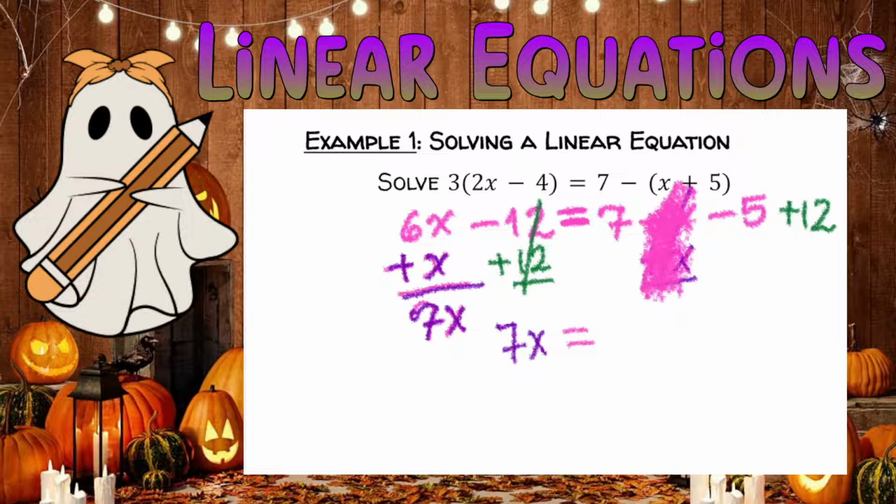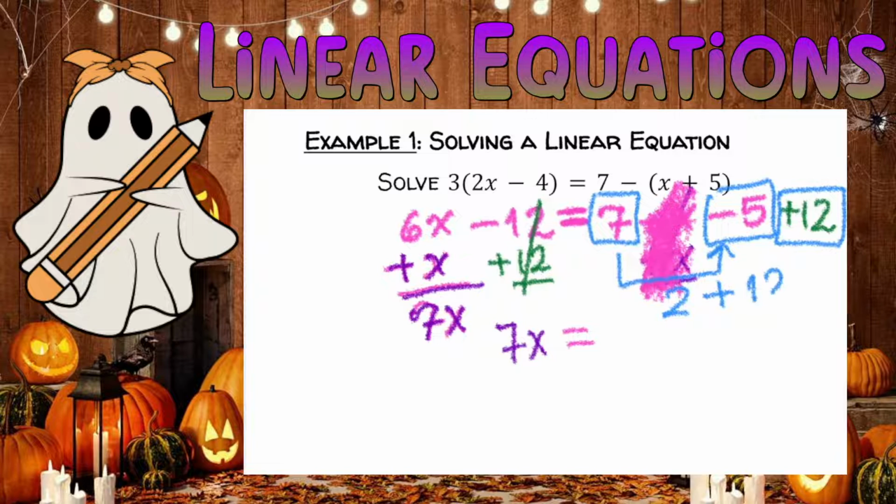So do not try to convince yourself that it's 7 minus negative 5, which would make it 7 plus 5. That's very silly. The only signs you deal with in this kind of step are: this is a positive 7, this is a negative 5, this is a positive 12. The sign right in front of it is the one we care about. So what is 7 take away 5? That's going to be 2. And then what's 2 plus 12? That's going to be 14.